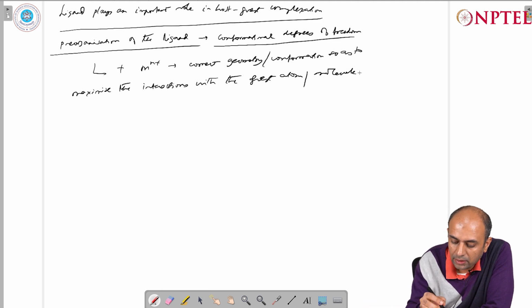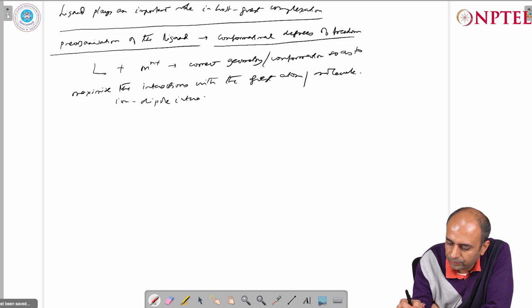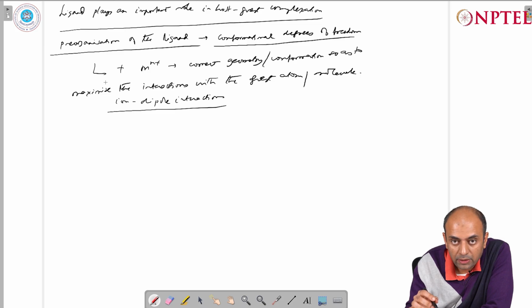In this case, the ligand has a permanent dipole moment, and the guest has a charge. So, these are essentially ion dipole interactions, and the ligand must have the correct conformation, the correct geometry, so that it is able to bind with the metal ions with maximum efficiency, and the overall stabilizing energy for this process must be negative.